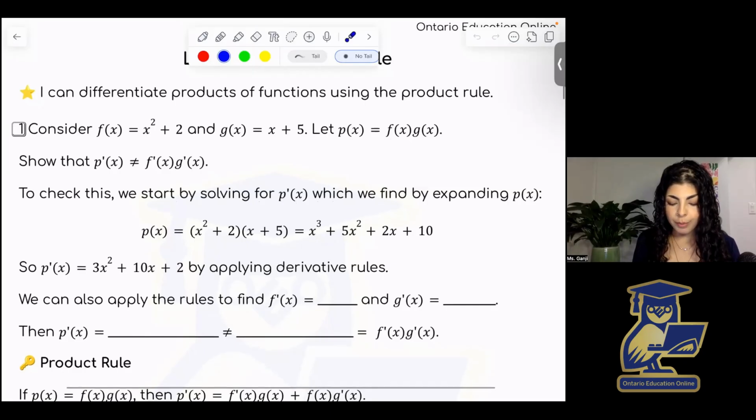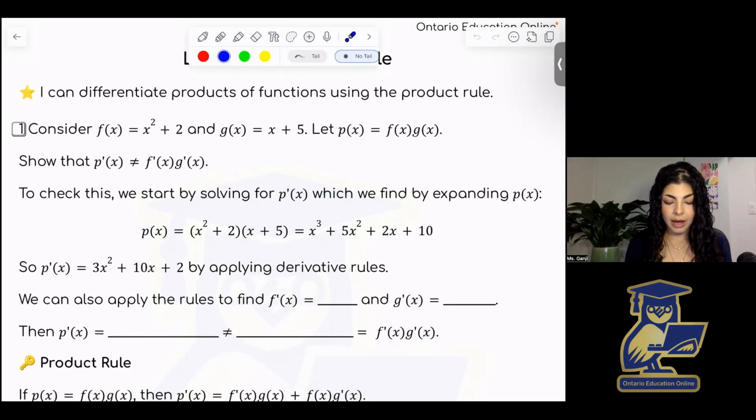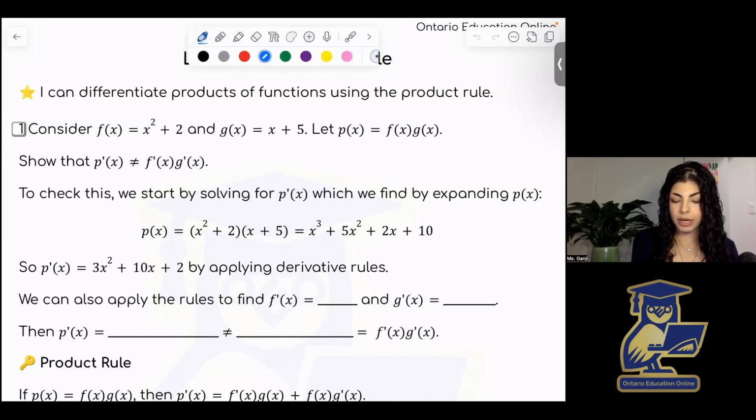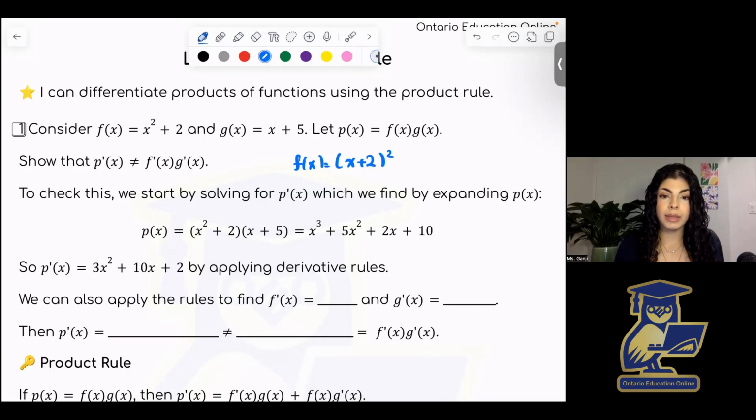So we're going to start by just expanding p of x. Knowing that we have this product here, x squared plus 2 times x plus 5, we're going to expand it. And if you remember from last class where we had, for example, f of x is x plus 2 squared, I told you you cannot just apply the product rule here.